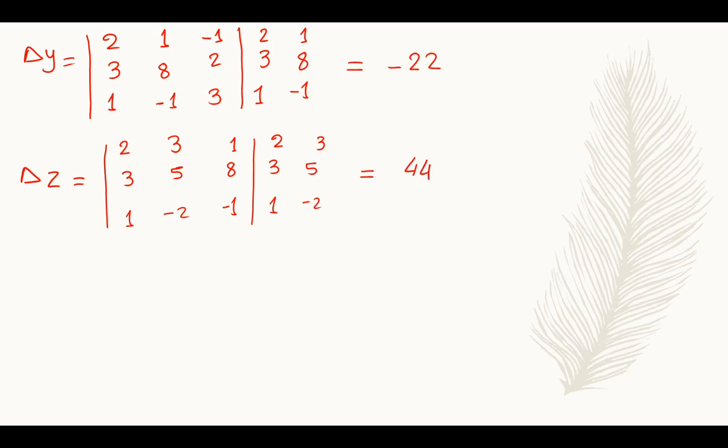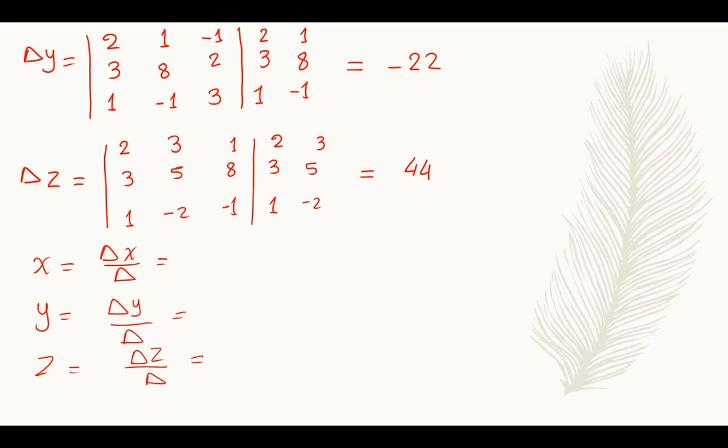Now to find the values of the unknowns x, y, and z, x will be equal to delta x over delta, y will be equal to delta y over delta, and z equals delta z over delta.